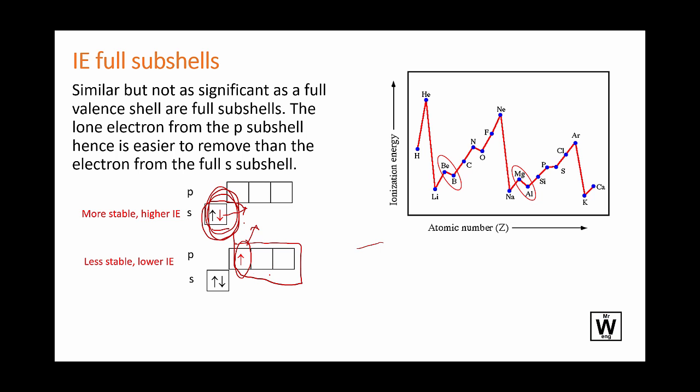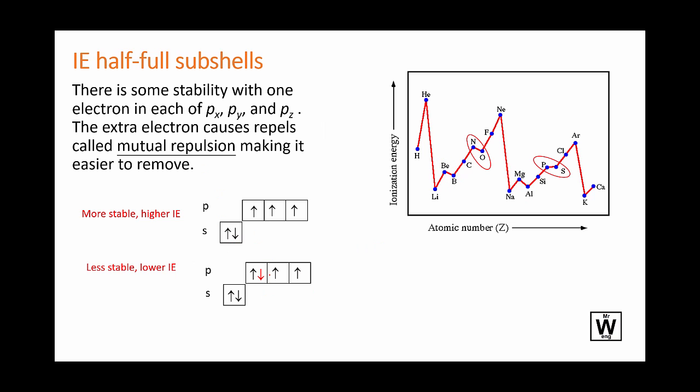Okay. The next one is also quite useful for your SPDF electron configurations, to realize that a completely half-filled subshell is also stable. And so it would rather have that than this situation here.